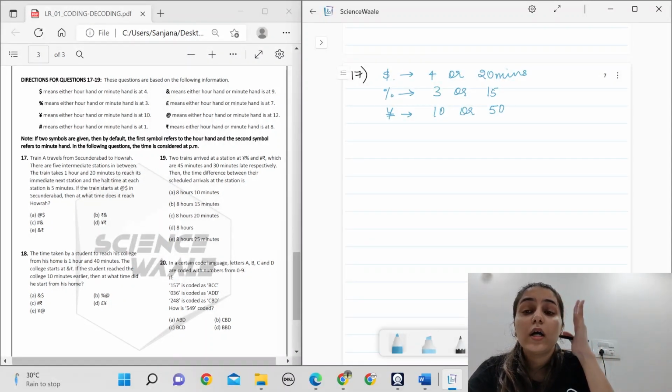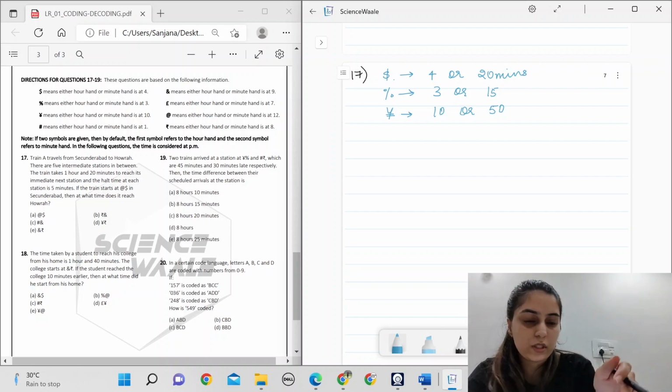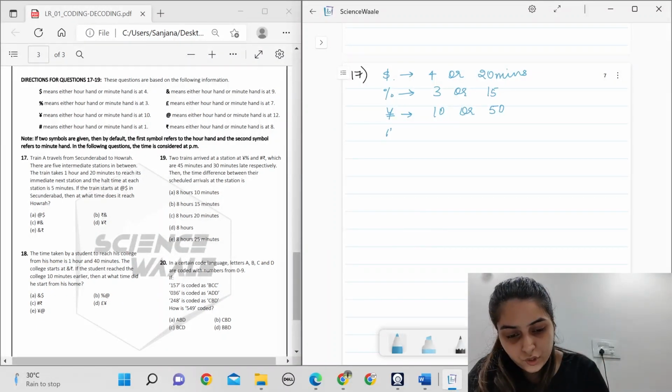Just have an image of the clock in your brain, and then you can find out the minutes from that: 10, 3 and all which are given here. Hash is 1 or 5, and 9 or 45. Pounds is seven or 35.